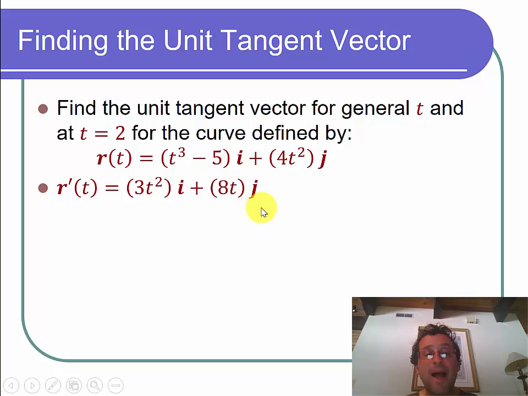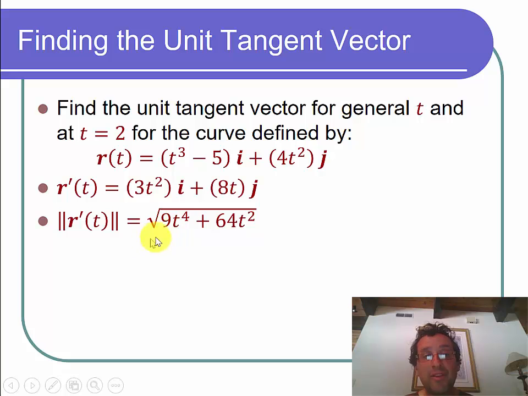Next, we need to find the magnitude of r prime of t. To do that, we take the square root of the sum of the squares of the components of r prime of t. (3t squared) squared is 9t to the fourth, and (8t) squared is 64t squared. We take the square root of all that. Now we put this all together.